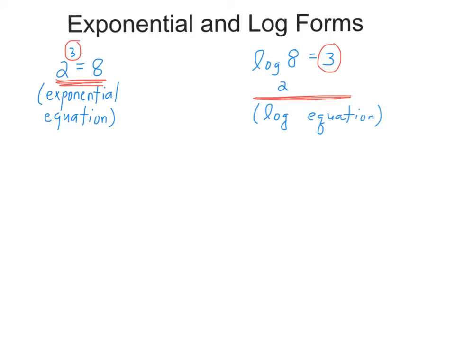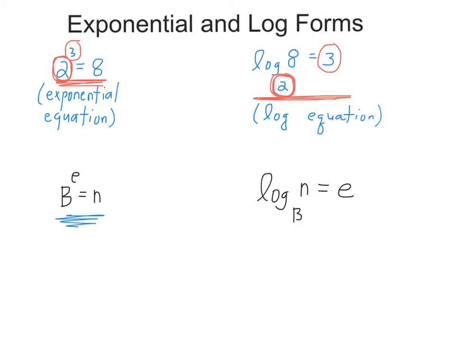So the base we say is 2. So right here is the base in the exponential equation. Down here, that's where we put the base in the log equation. So we tend to summarize this using the phrase BEN. Written in exponential form, some base raised to some exponent will equal some number.